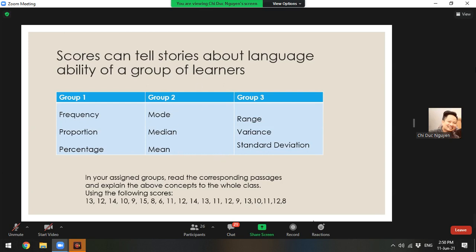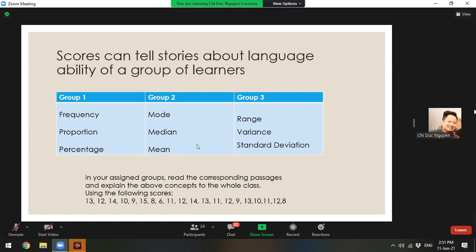If we know that the maximum score is going to be 15, what can we tell about this group of students? Why do we need to have this kind of frequency?